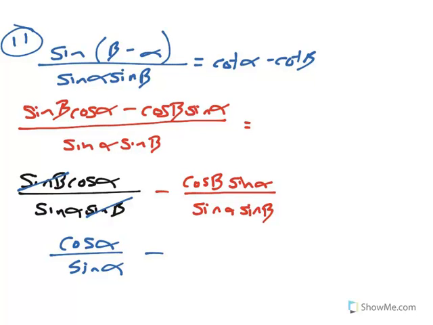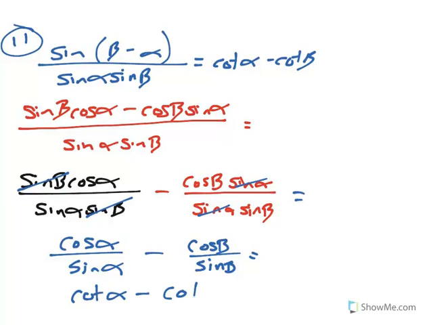And on the right fraction, multiplying the top and bottom by sine of alpha, that's cosine of beta over sine of beta. That is certainly helpful because then that first fraction becomes cotangent of alpha, and the second one becomes cotangent of beta.